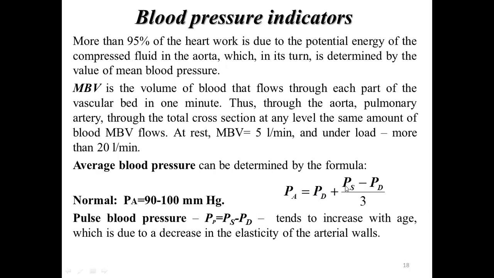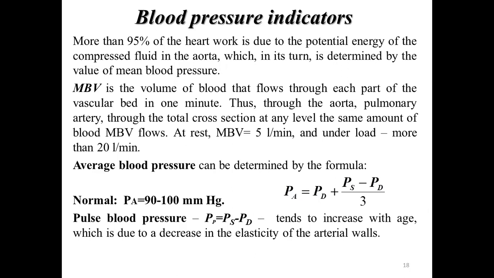This difference of systolic and diastolic pressure, which we call the pulse blood pressure, tends to increase with age, and this fact is due to a decrease in elasticity of arterial walls. Another very important blood circulation indicator we call the minute blood volume, which is the volume of blood which flows through each part of the vascular bed in 1 minute.